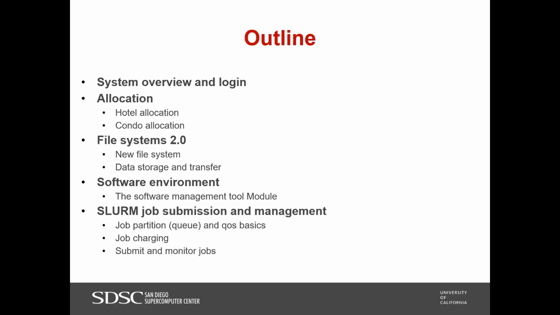QoS is a new part which you might not have used before under the current PBS job scheduler. And then I will talk about how jobs are charged by our new SLURM job charging system, and how to submit and monitor SLURM jobs.